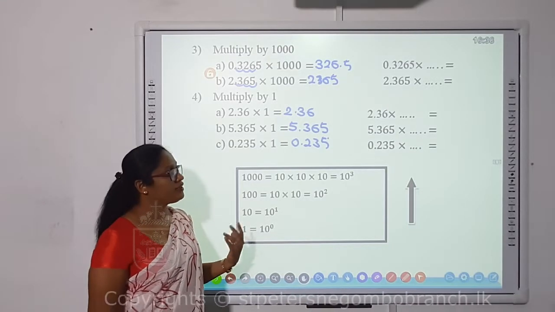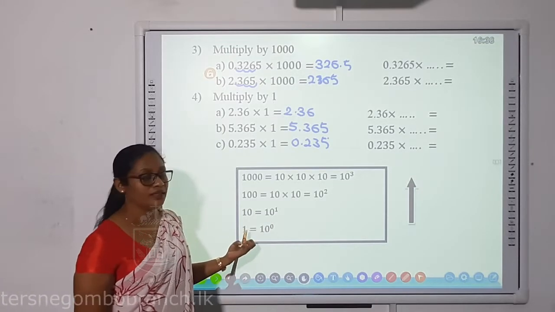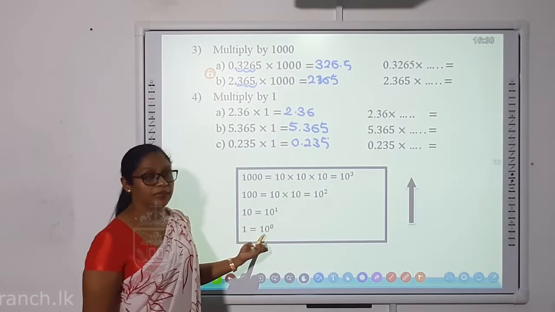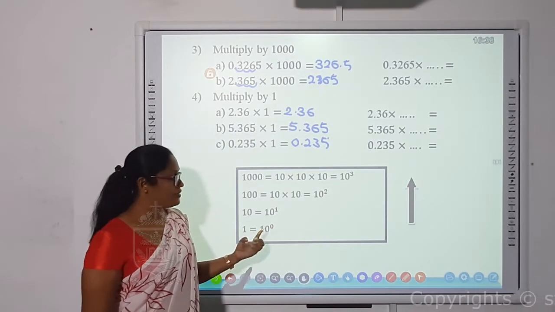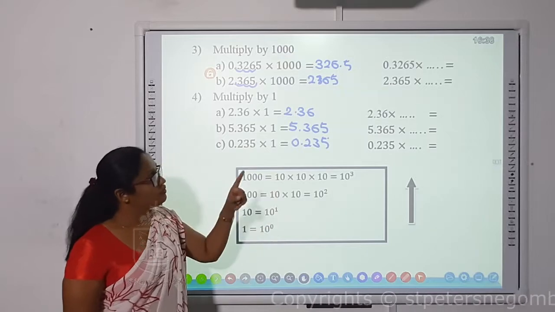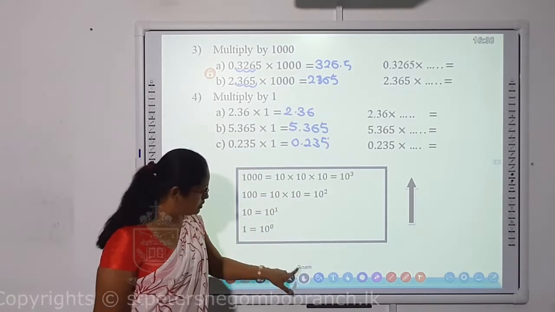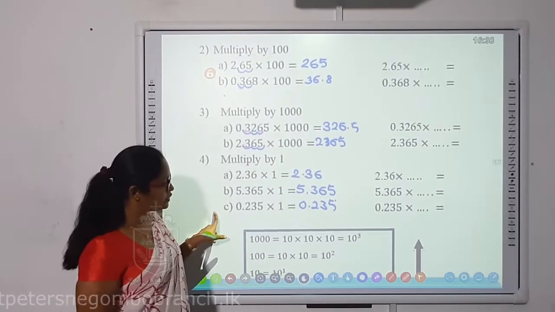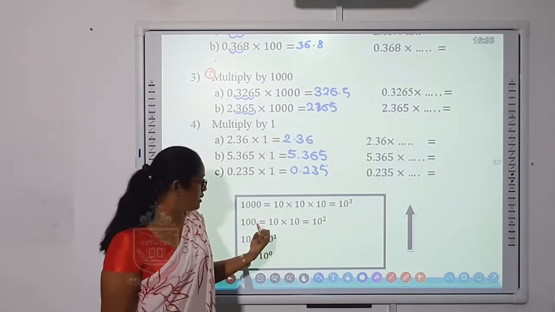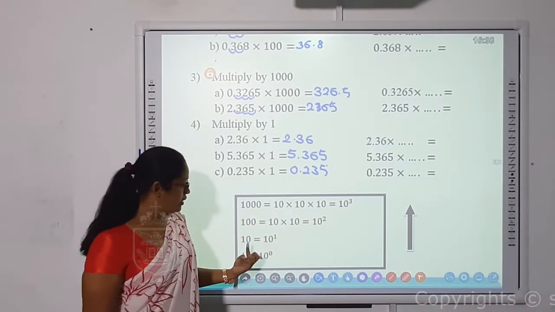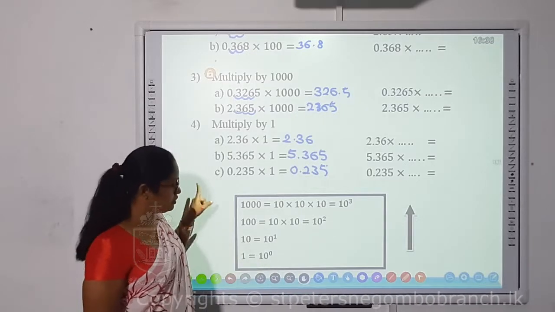Scientific notation deals with powers of 10, so I wrote 1 as 10 to the power 0. With this idea, I am going to fill the other side of these questions. Keep in mind, 1000 can be written as 10 to the power 3, 100 as 10 to the power 2, 10 as 10 to the power 1, and 1 as 10 to the power 0.